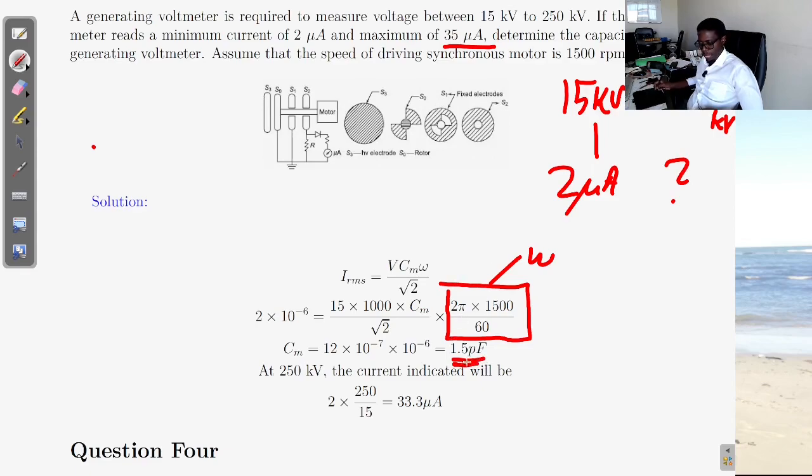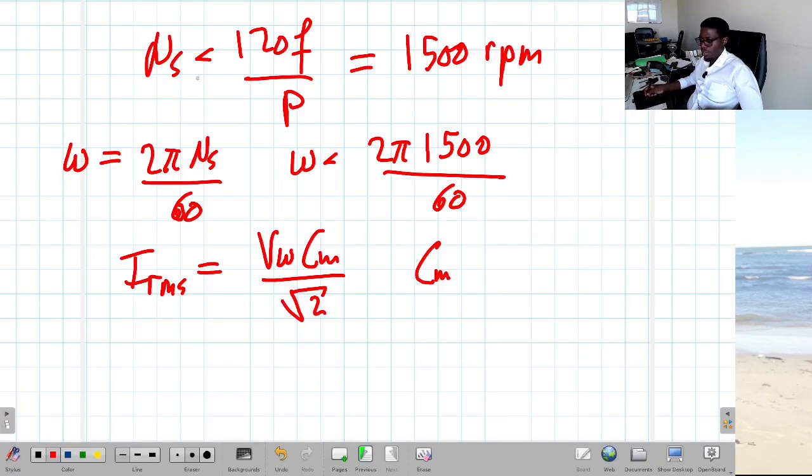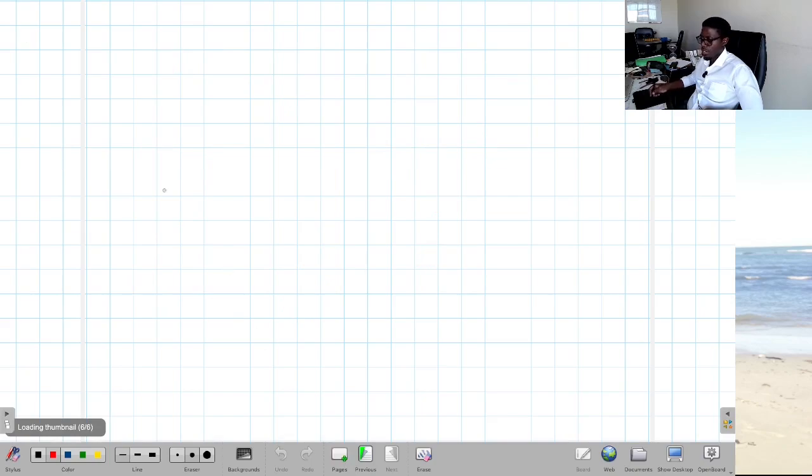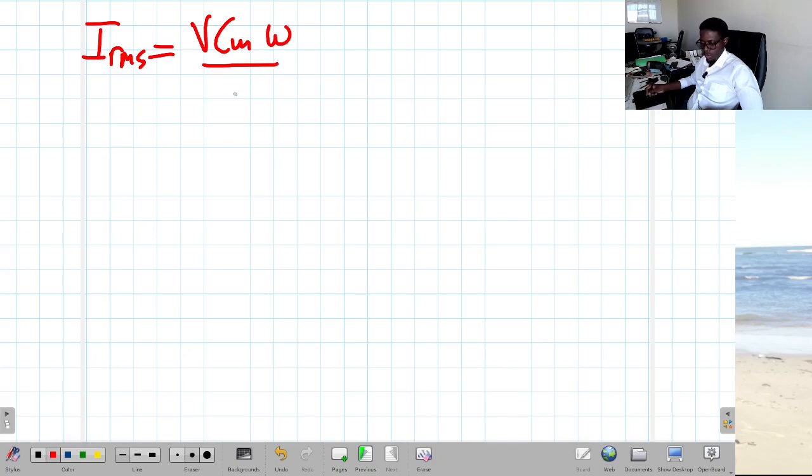Okay, and that means you simply plug in the details in the equation, and that will mean that for this case you have your IRMS being equal to V Cm omega over root 2.